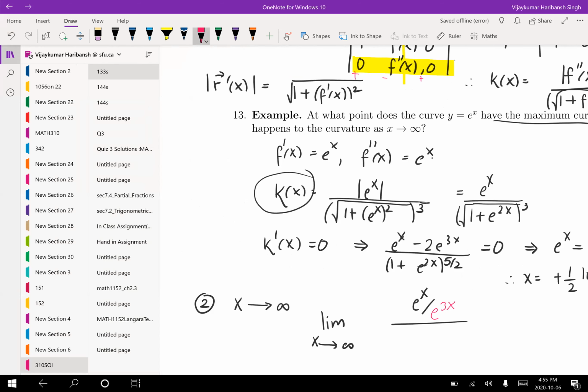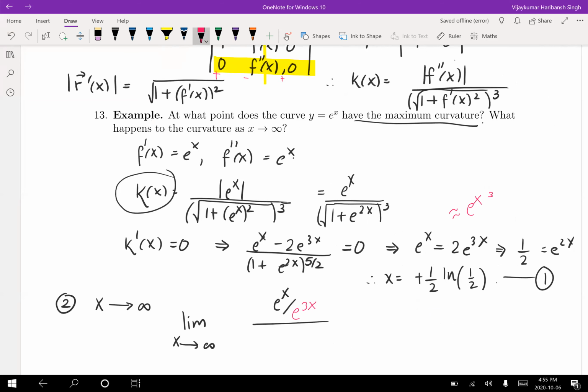This becomes the square root of 1 plus 1 by e to the x plus 1 by e to the power 2x, by e to the power x, now the whole cube. I'm dividing top and bottom by e to the power 3x.